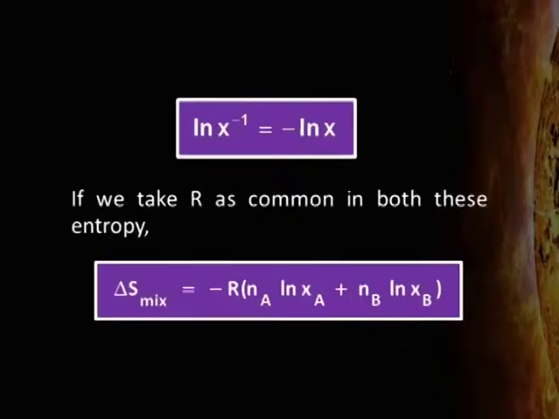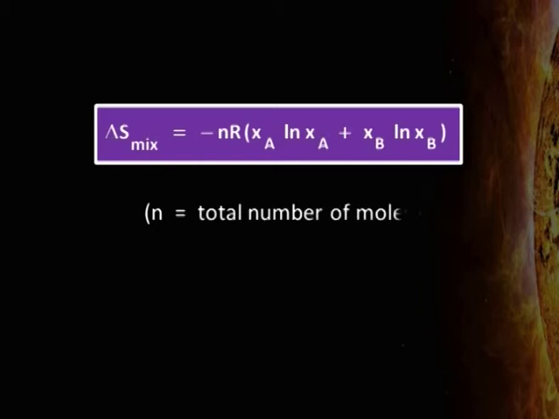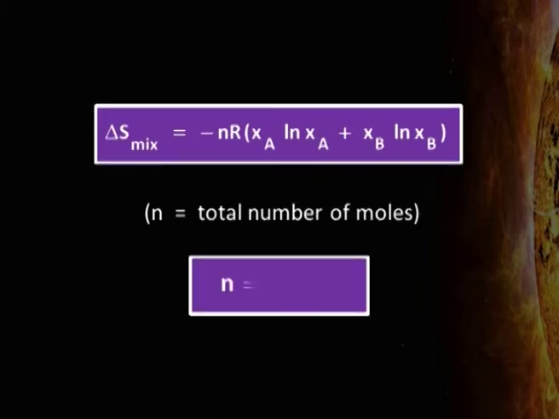This equation can also be written in the form of mole fraction taking total number of moles outside the bracket. We will get delta S mixing equal to minus N R multiplied by (Xa natural log Xa plus Xb natural log Xb). Here N is total number of moles, that is Na plus Nb.